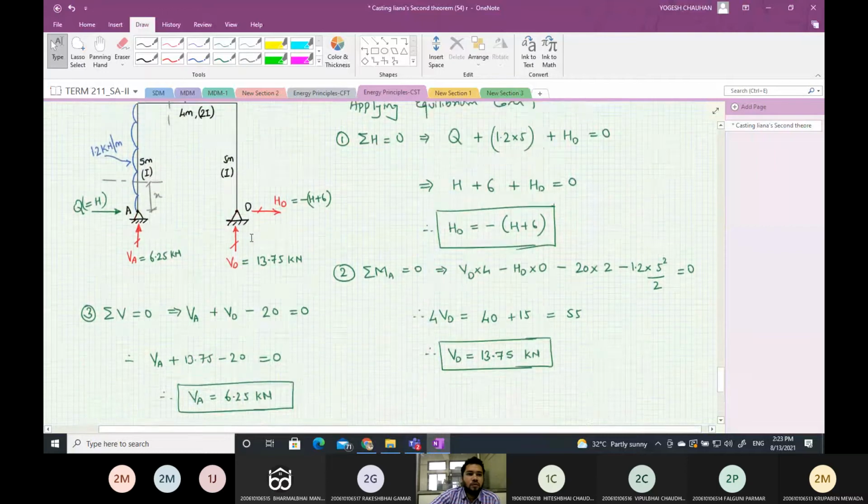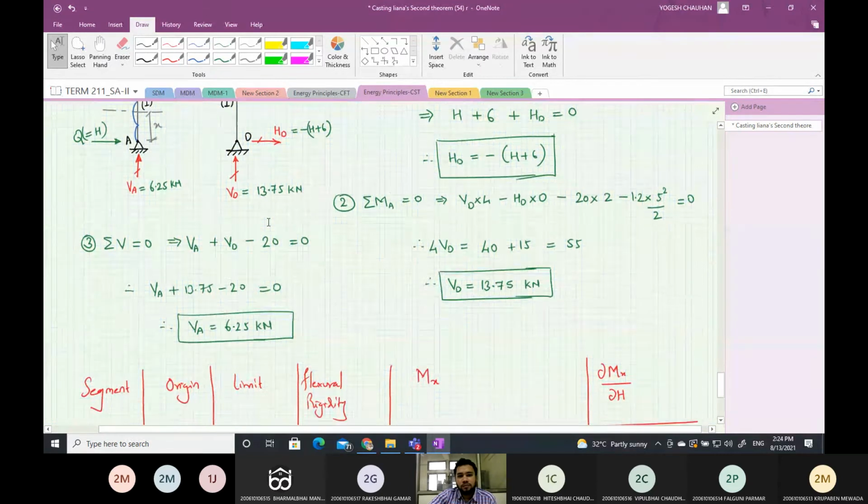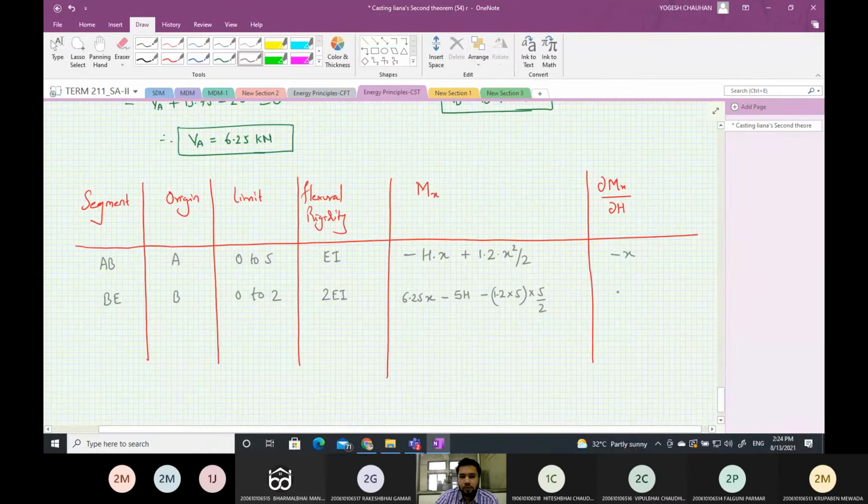About this level, it will cause 1.2 into pi into 2.5 as the moment about this. So this is the total moment. So partial differentiation of this with respect to H will give minus pi, because we have this term containing H.